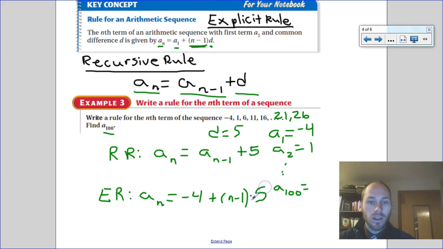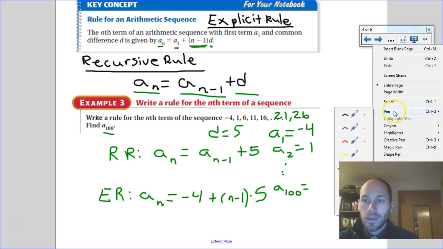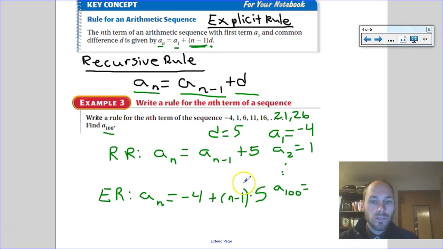Keep in mind that this order can be switched around. If you want to put 5 times n minus 1, that's fine. Multiplication is commutative.